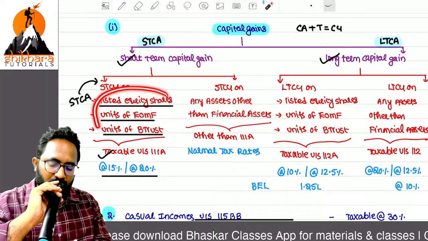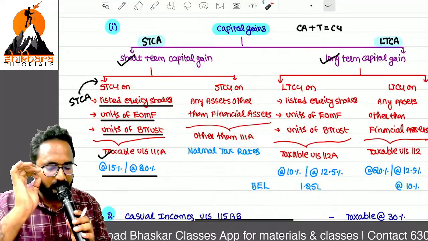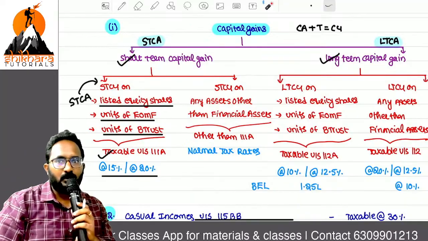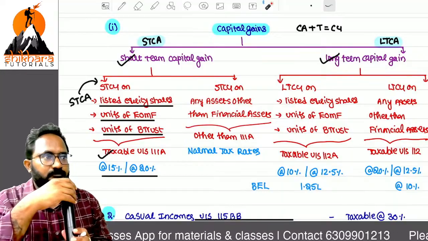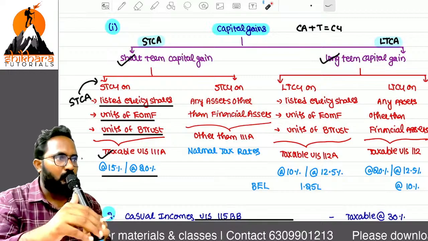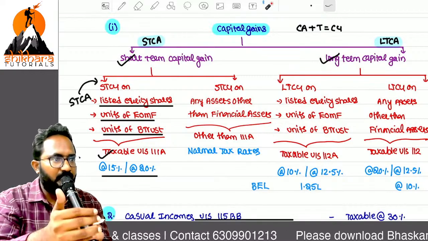What are the 3 short-term capital assets? Listed equity shares, units of equity-oriented mutual fund, units of business trust. Clear? Now, I purchased gold 1 month back and now I want to transfer that gold. So is gold a short-term capital asset or long-term?